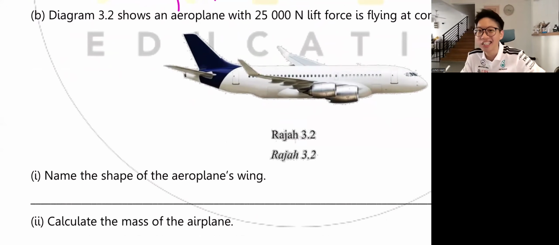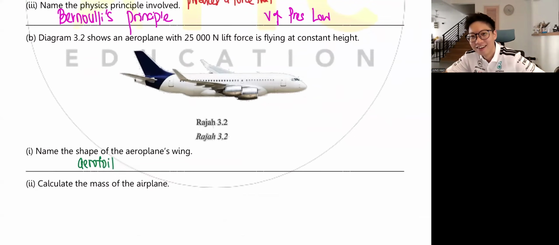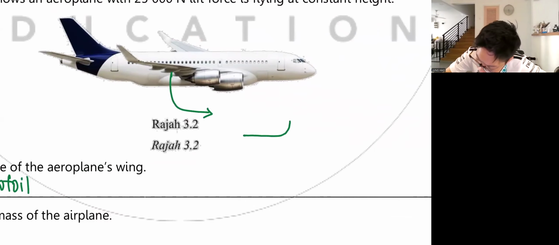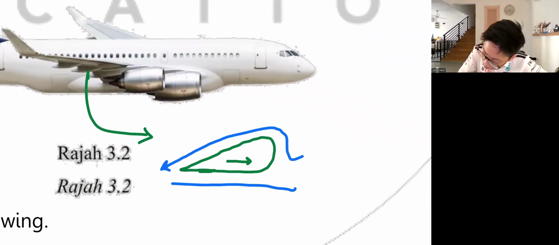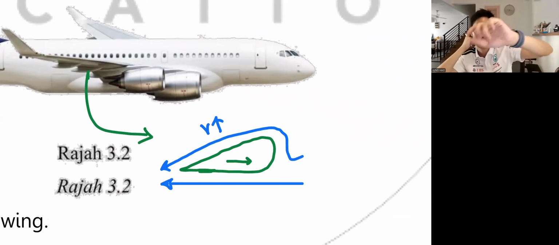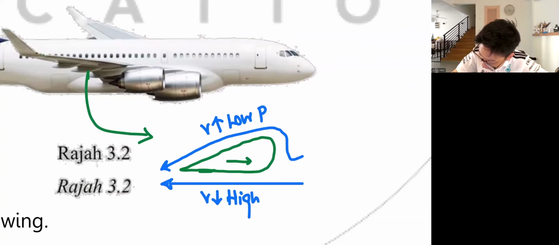The answer is aerofoil shape. Why an aeroplane can fly is because the shape of the wing is like this, aerofoil shape. When the aeroplane moves forward, the air goes over the top and the air goes below it. When the air goes on top, this part has higher velocity, because it goes further. If it goes very far, the velocity is very high, so here you will have a low pressure region. Here you have low velocity, so you will have high pressure.